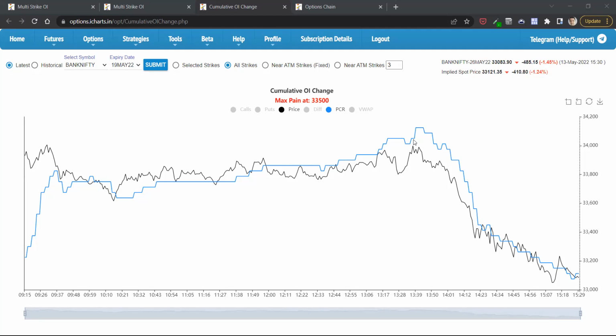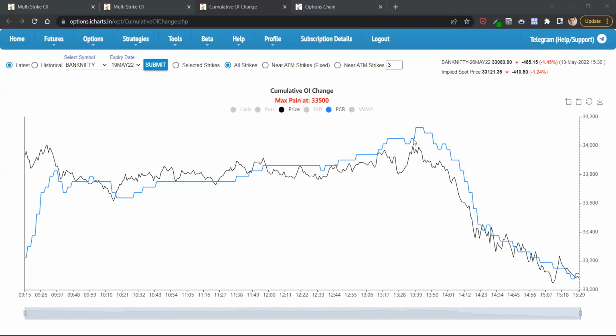But here heavy call writing started, and once price breaks support, put writers will quickly unwind. It is too risky for them, and then short covering starts off. Then the cascade starts. That is what it is. So identifying these PCR flat areas is important always. Here it is not very clear, but look at the pattern itself and see from where it breaks down, so that will give you some idea.